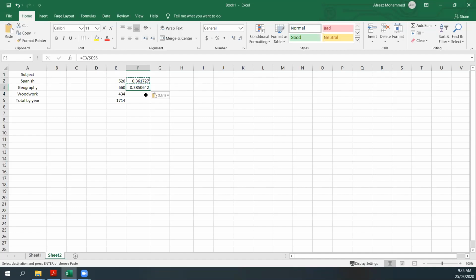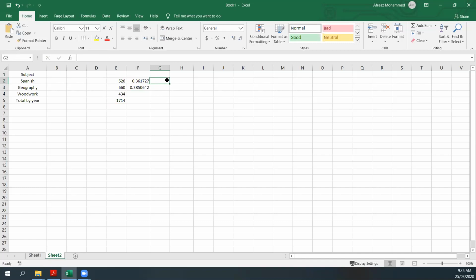And the reason why the E5 didn't change to, let's say, E6 is because you're using dollar signs, and that means you're implementing absolute referencing, right? Now, let's see what would happen if you did not use the dollar sign.